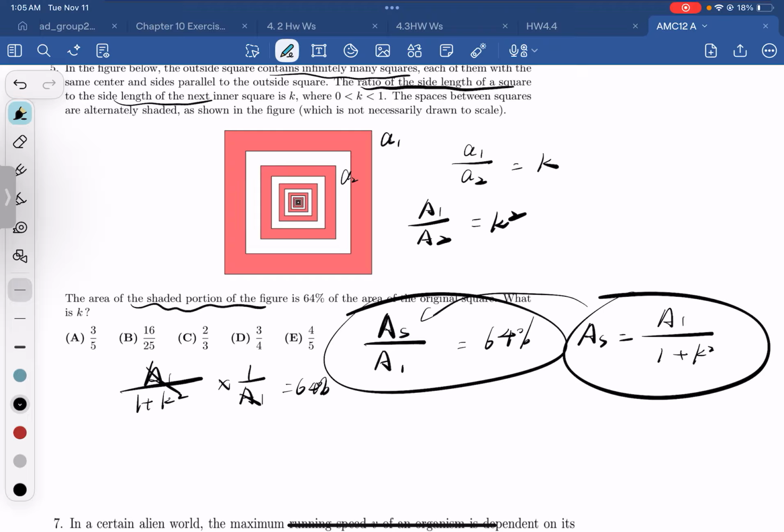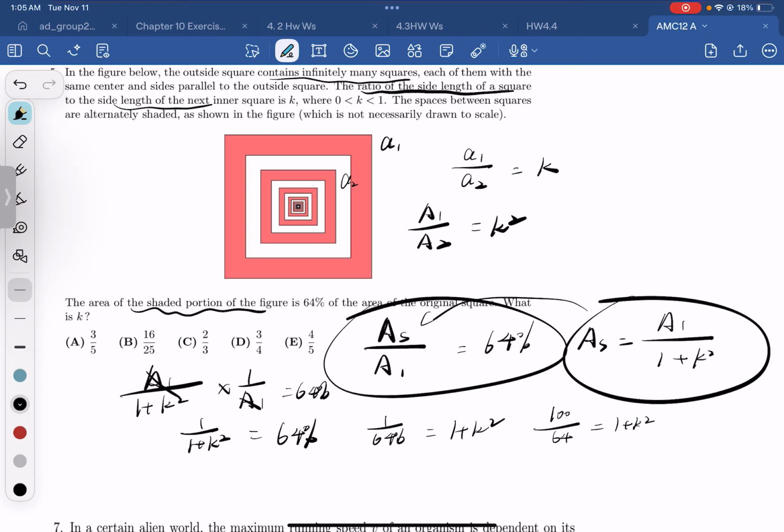A1 cancels out. 1 over 1 plus k squared equals 64%. And you go for the steps. 1 over 64% equals 1 plus k squared. 64% is 64 over 100, so the reciprocal of 64% should be 100 over 64 equals 1 plus k squared.